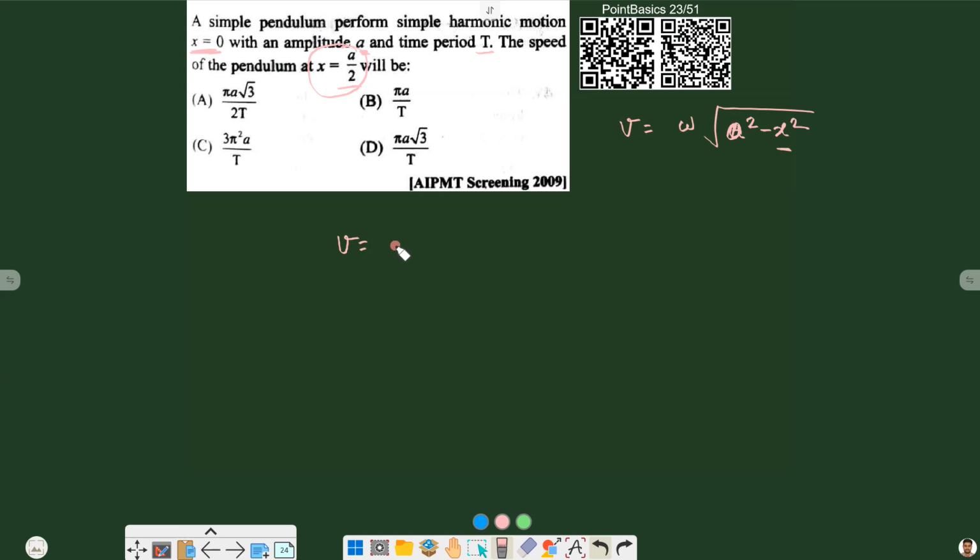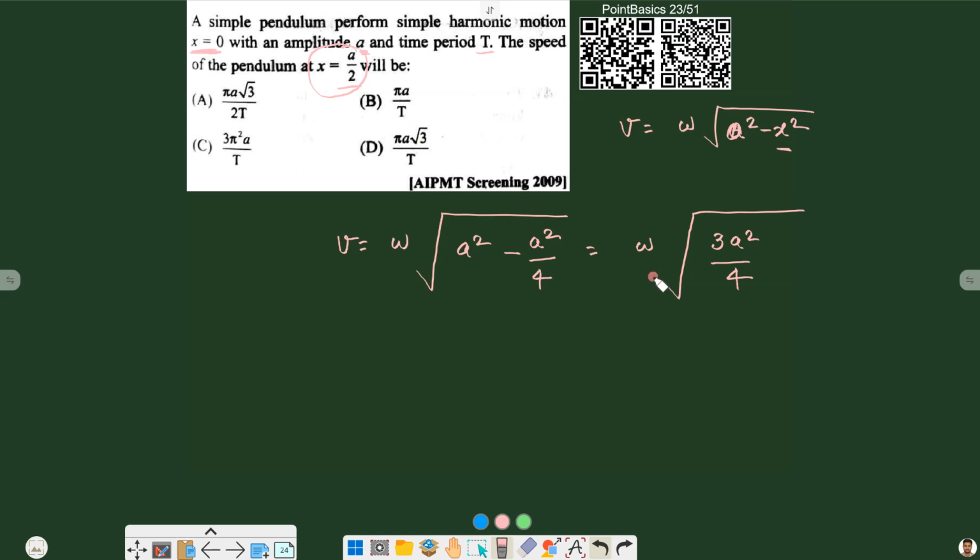So velocity will become omega root of a square minus (a by 2) square, that is a square by 4, and here we will have omega root of 3a square by 4. And if you see these options, we don't have omega here, we have pi and t.